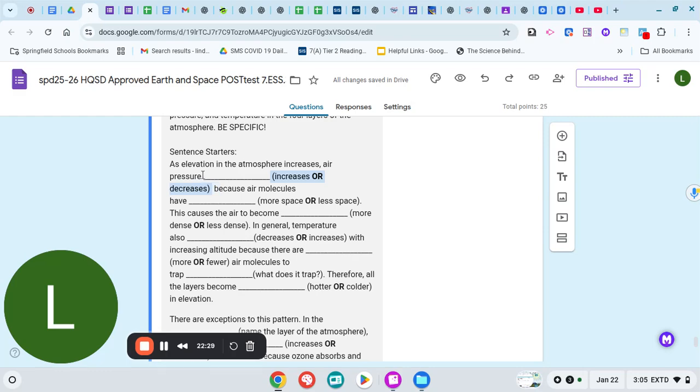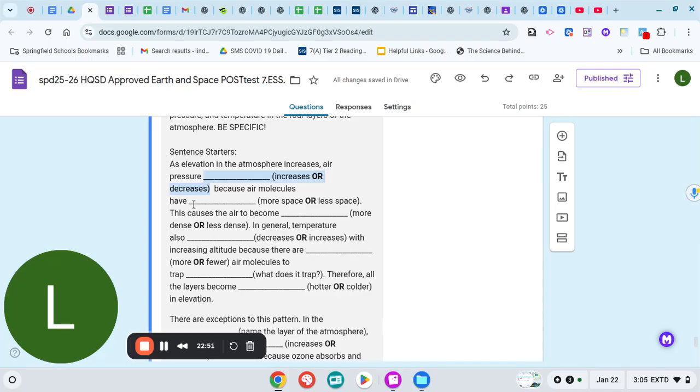So you would delete all of this, and you would replace it with one of those words in parentheses. So it would read, as elevation in the atmosphere increases, air pressure increases, or it would say, as elevation in the atmosphere increases, air pressure decreases. And then you continue on.